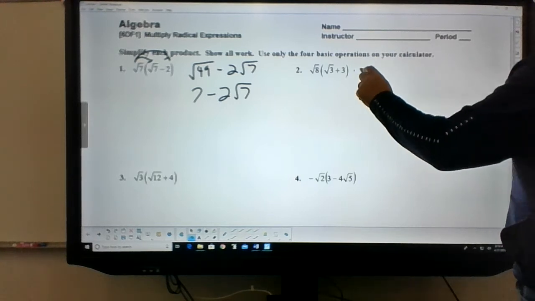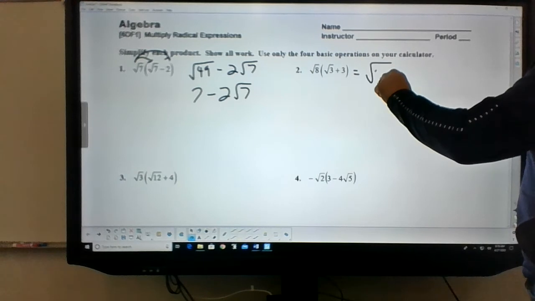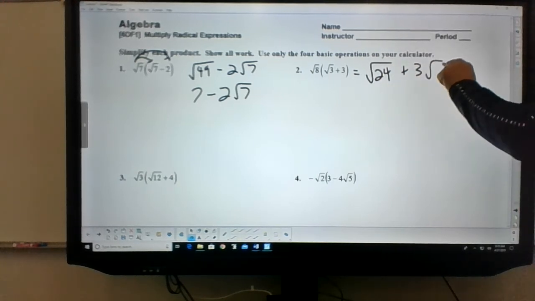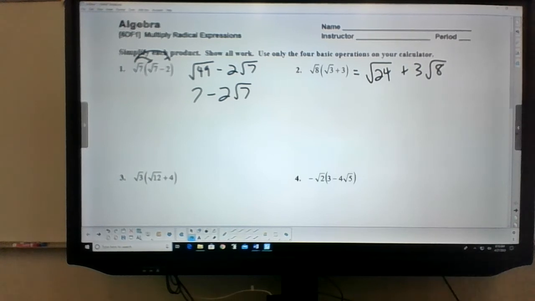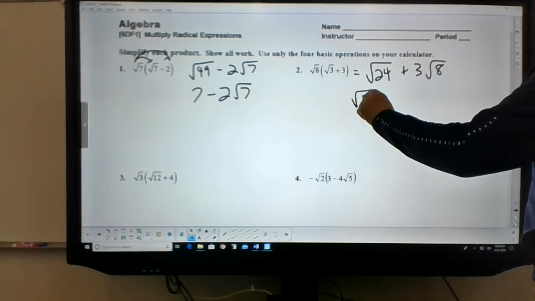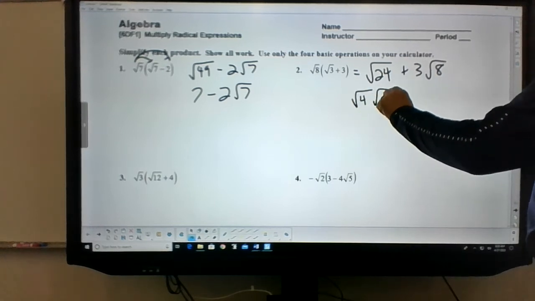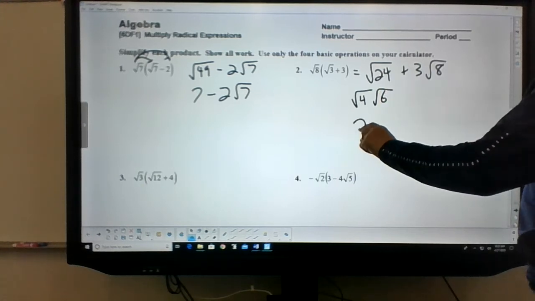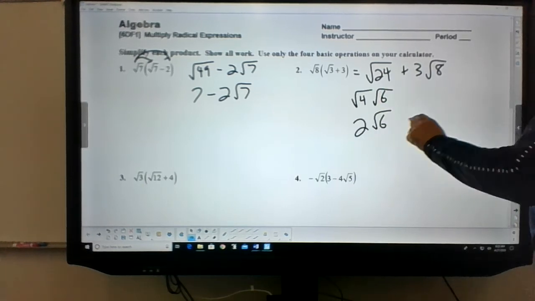Same concept here. Radical 24 plus 3 radical 8. Radical 24 has a square root factor of 4. So 4 times 6. I got 2 radical 6.